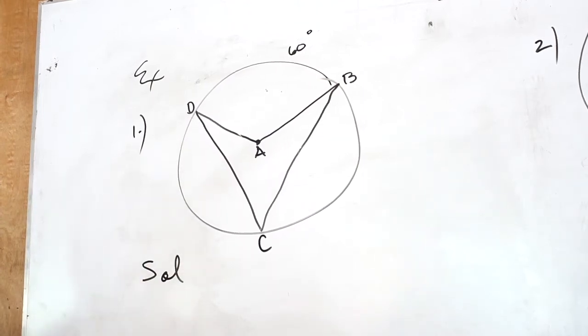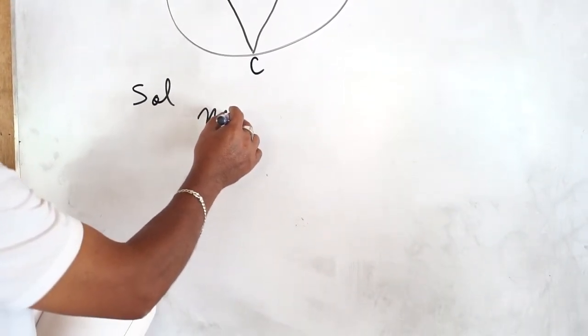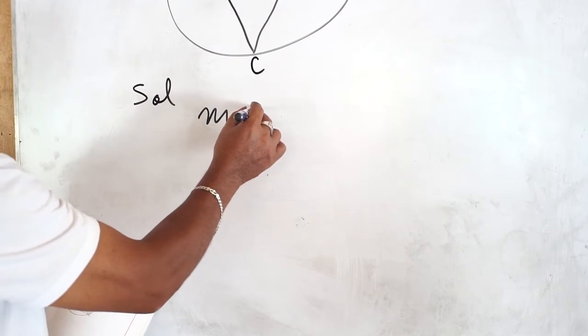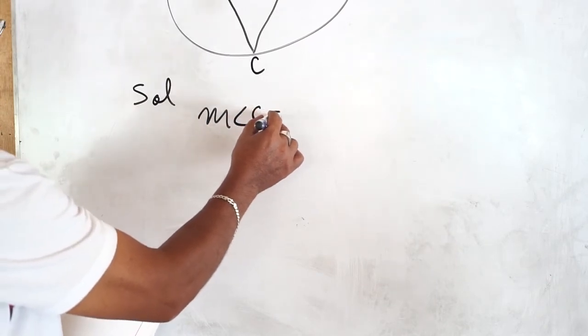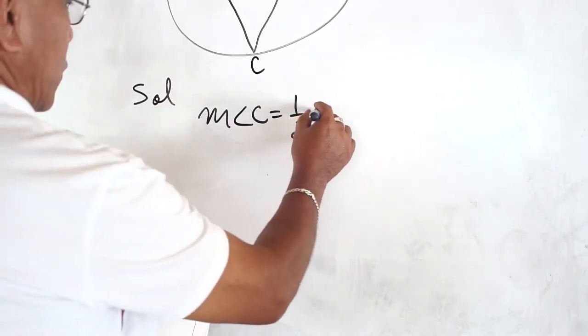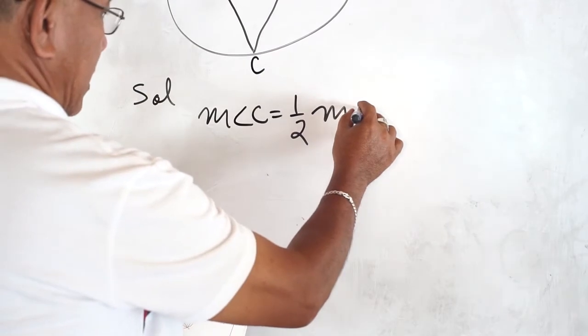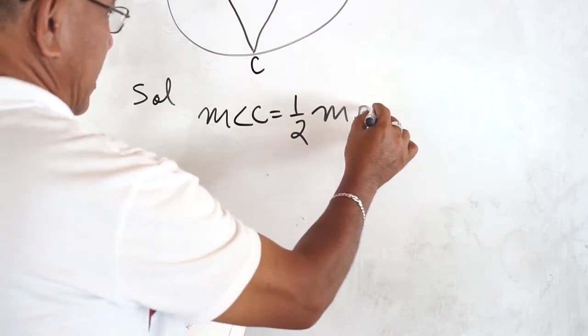The measure of angle C is equal to 1/2 of the measure of arc BD.